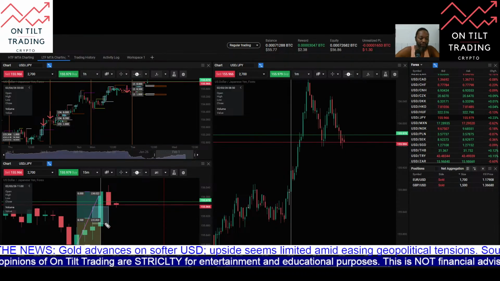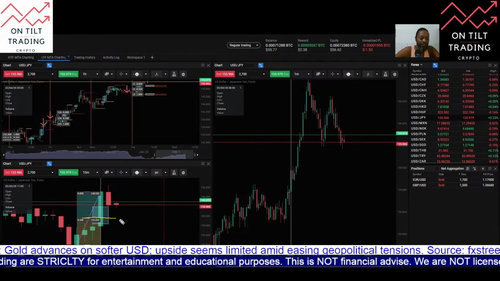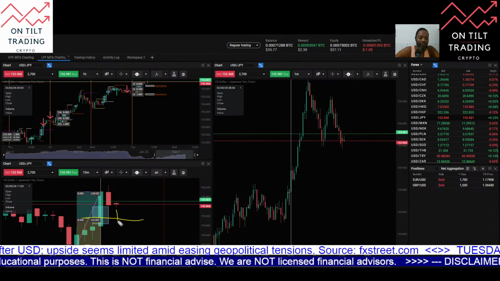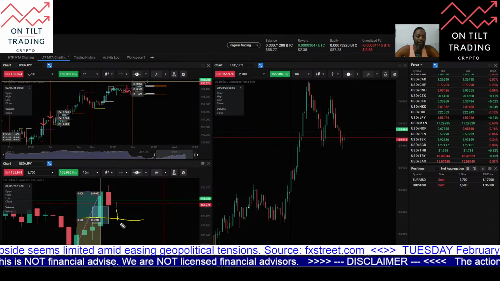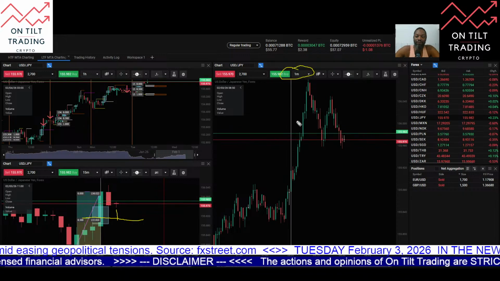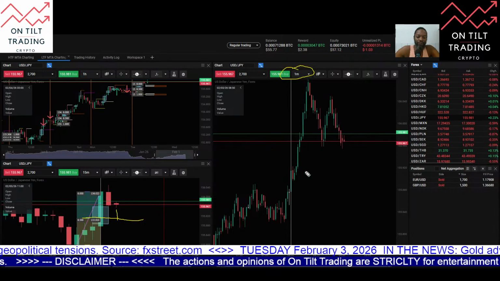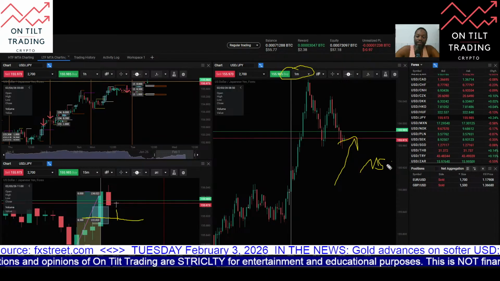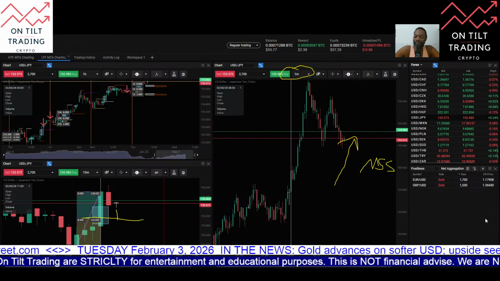So I want to see a deeper pullback to this level here. If price does reach this level, then I want to see confirmations here on the 1 minute chart for buy side delivery, which would be in the form of a market structure shift here to the buy side.